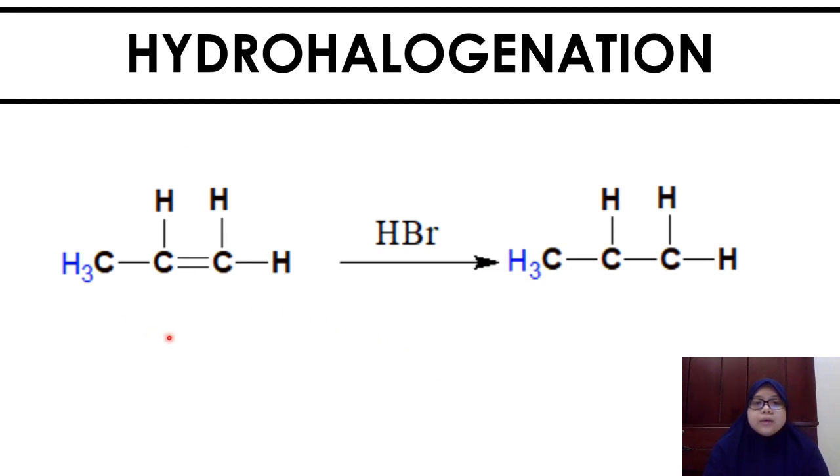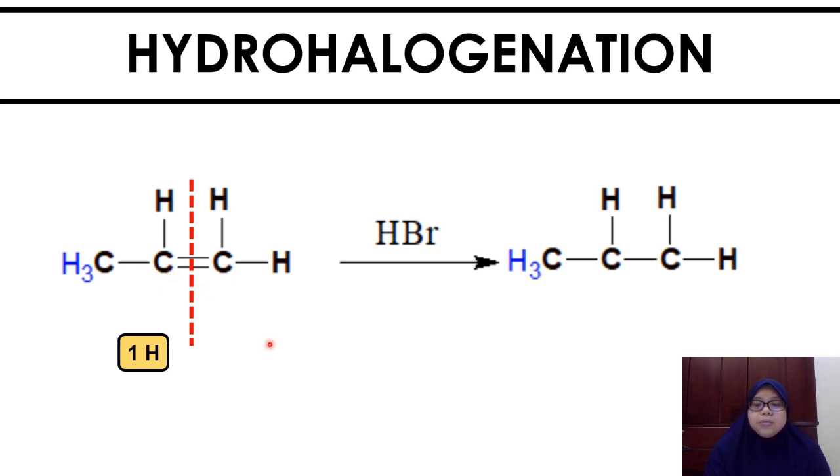Here we have an alkene, 1-propene. So when we divide the structure at the carbon-carbon double bond, you will see the carbon of the double bond on the left side only has 1 hydrogen attached to it. This one only. It will only have 1 hydrogen attached directly to the carbon-carbon double bond.